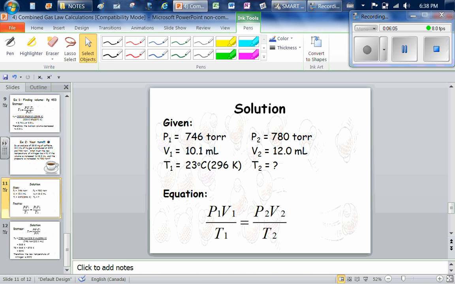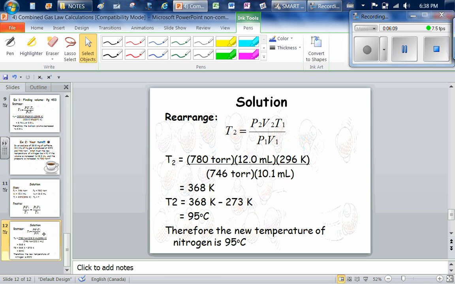So these were your givens. This is the equation, and the solution is 95 degrees Celsius. And yes, if this is your final answer in Kelvin, you should change it back to Celsius and give the new temperature in Celsius. And that's your combined gas laws.